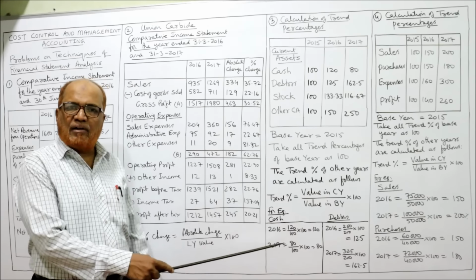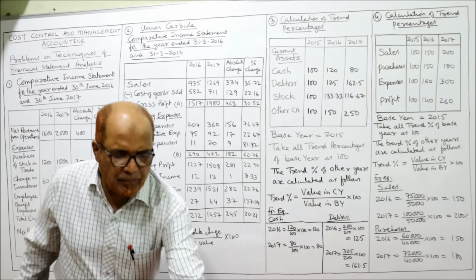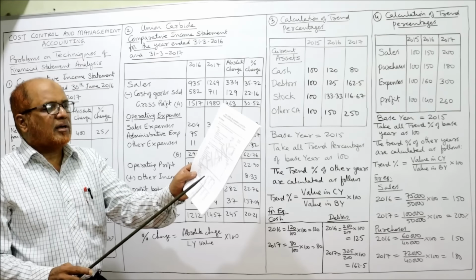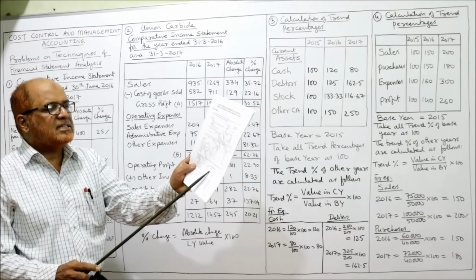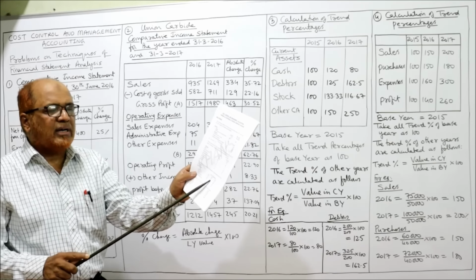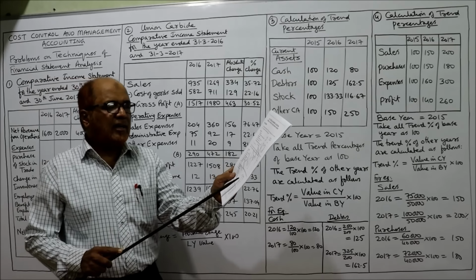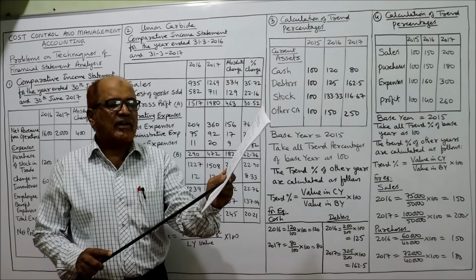For example, I have given some illustration here. Cash: if you see the problem, the cash value in 2016 is 120. In 2016, our current year is 2016 and the base year is 2015. So current year 2016, the value is 120.